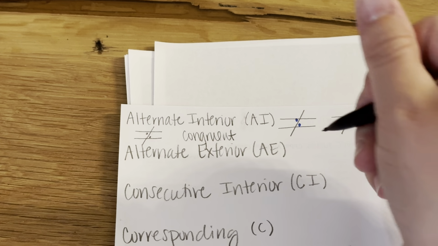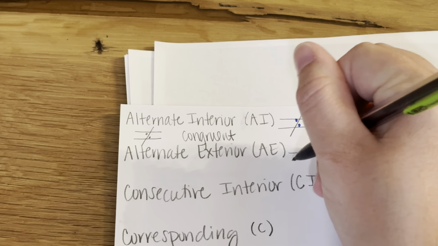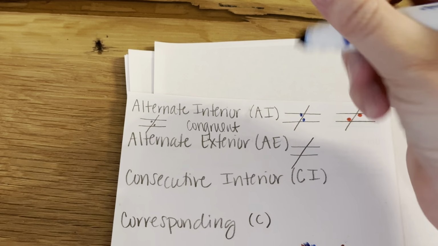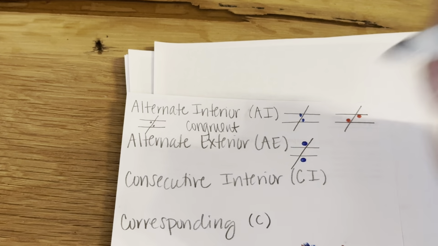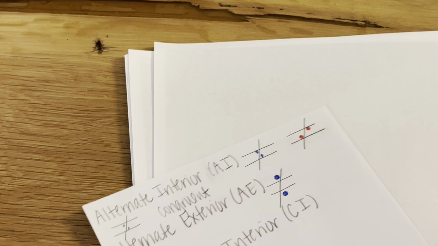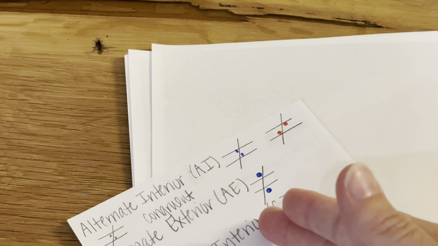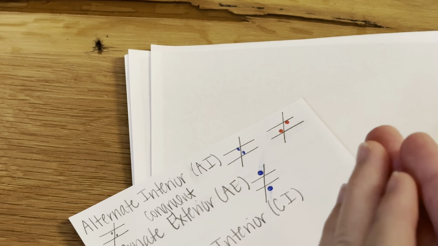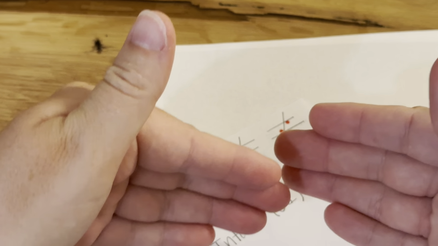Your alternate exterior angles are very similar, except they're going to be on the outside. So one of them is here and one of them is there. So again, sometimes it helps if you turn your paper so that your transversal is vertical. So one's on the left, one's on the right, but they have to be on the outside.